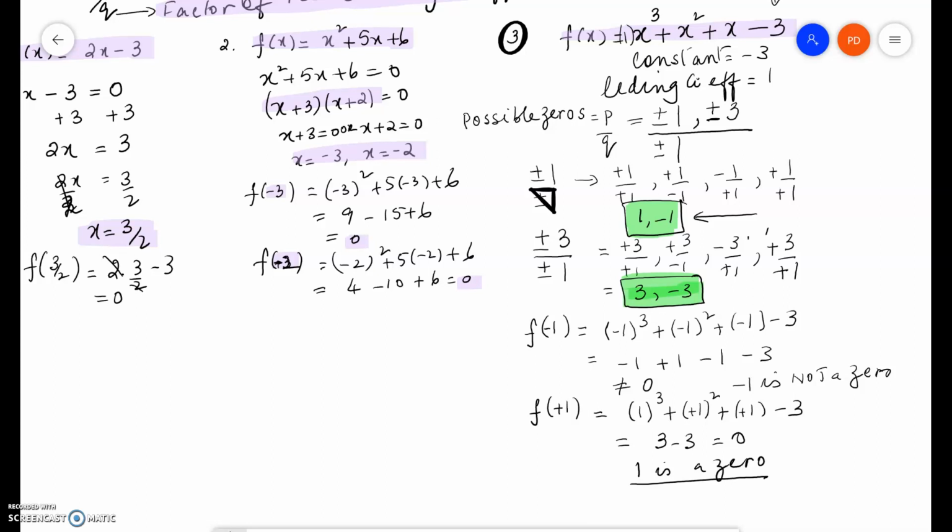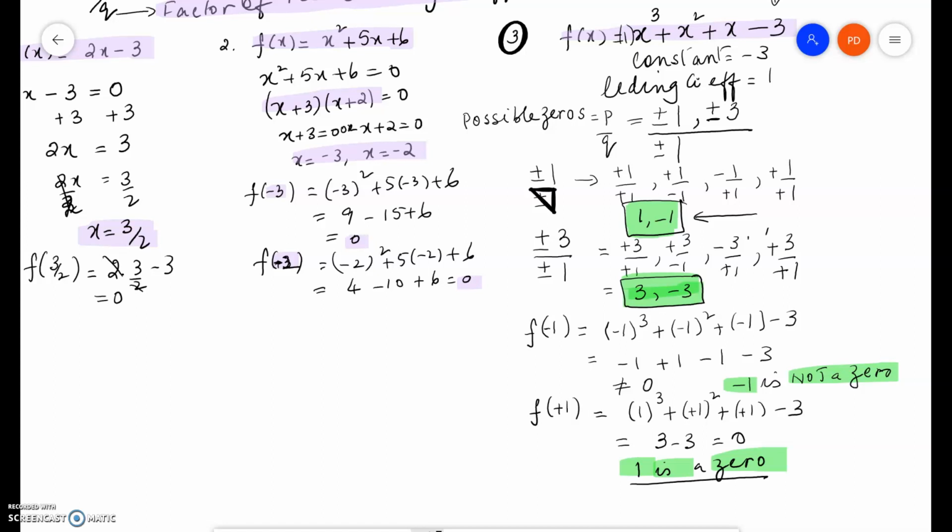If there are only 4 possibilities, it's easy to just plug in the numbers and check which numbers make the value of the function equal 0. In this case, we plugged in 2 numbers and we can always plug in the other numbers as well. This is one of the methods that we can use to find the zeros of polynomials of degree higher than 2.